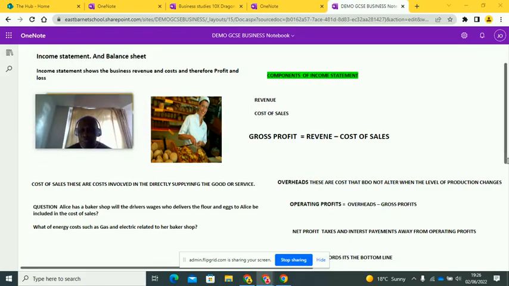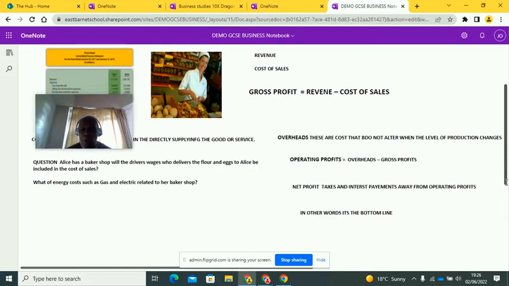Okay, then the next section we need to know is what are overheads. Overheads are costs that do not alter when the level of production changes. So it doesn't matter whether the production increases or decreases, those costs will still be there.